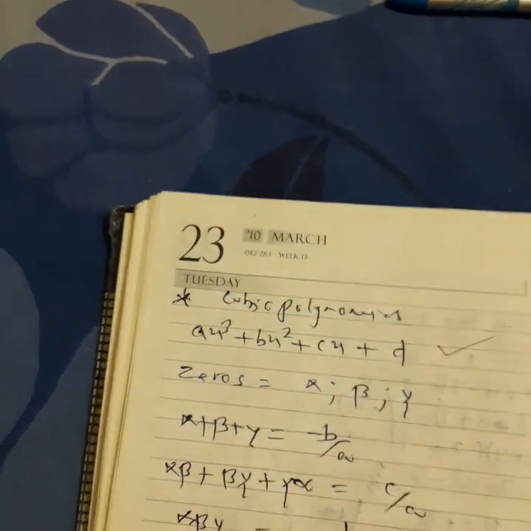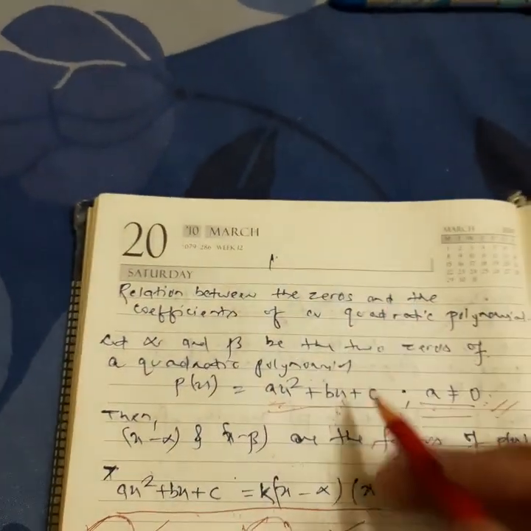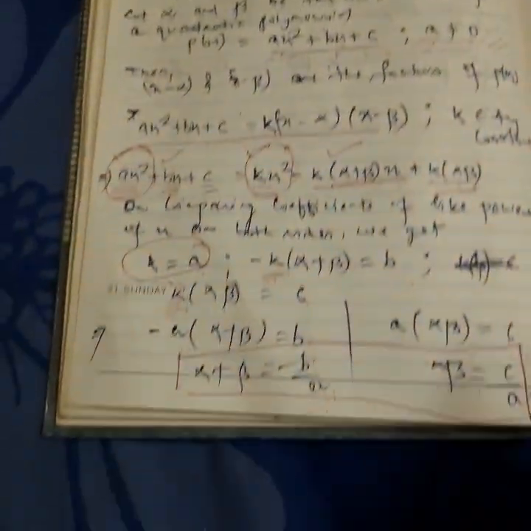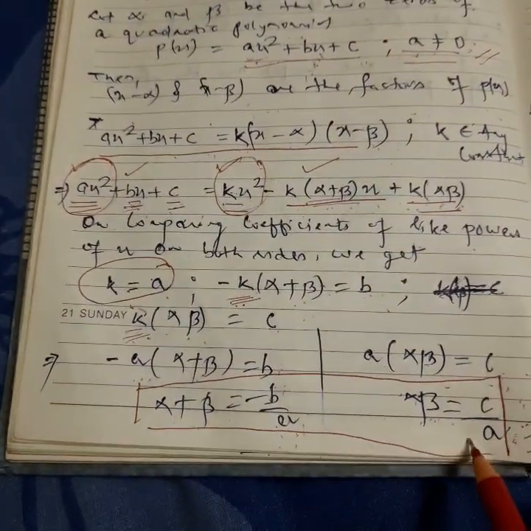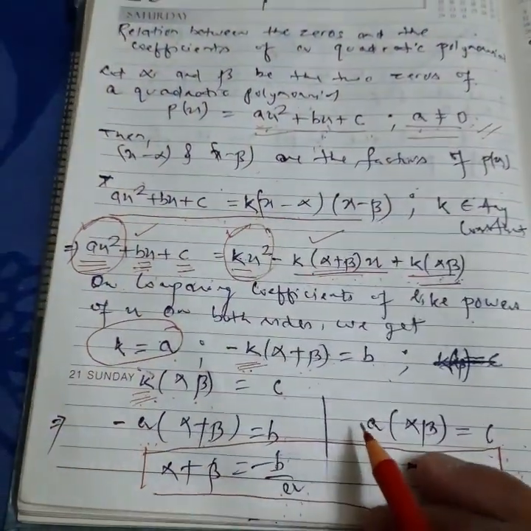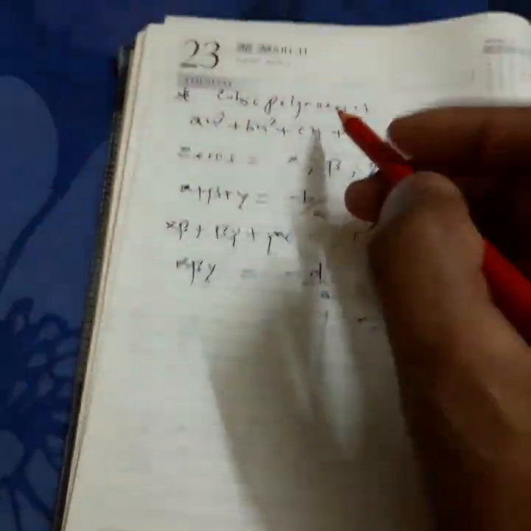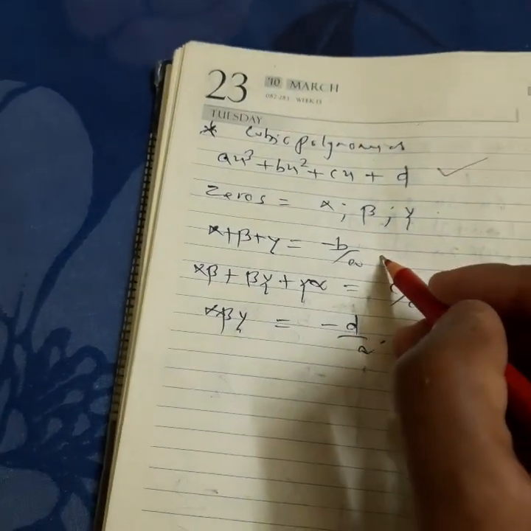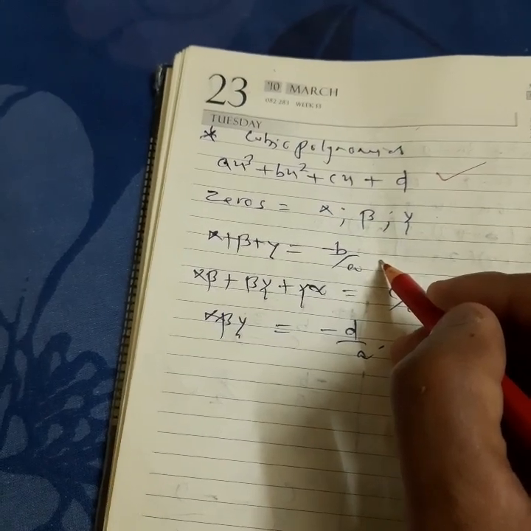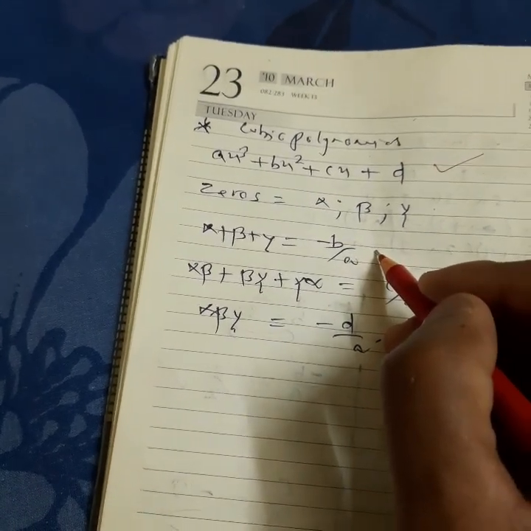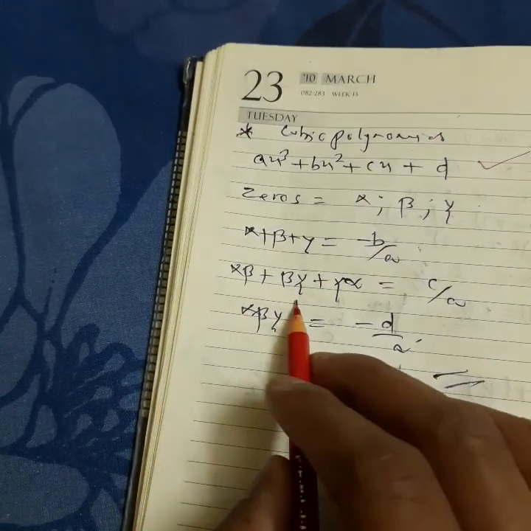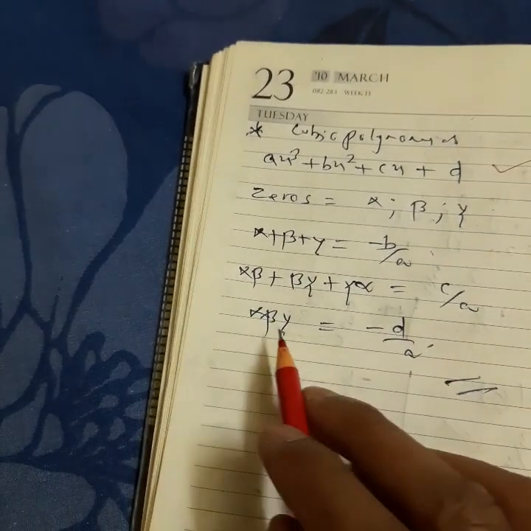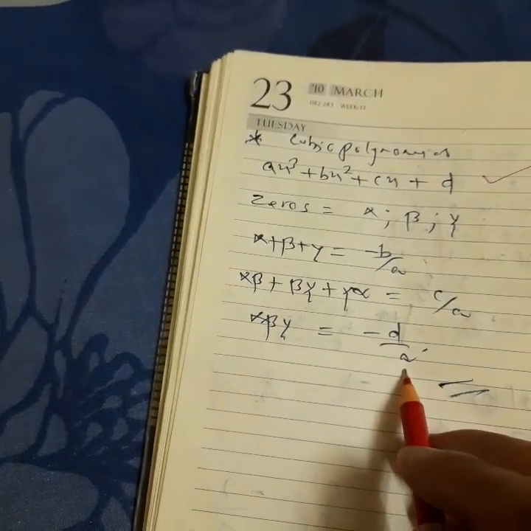Whatever process we used for the quadratic polynomial to reach the sum and product of zeros, if you use the same rule for the cubic polynomial, you will reach this: alpha plus beta plus gamma, the sum of zeros, equals minus b by a; alpha beta plus beta gamma plus gamma alpha equals c by a; and alpha beta gamma equals minus d by a.